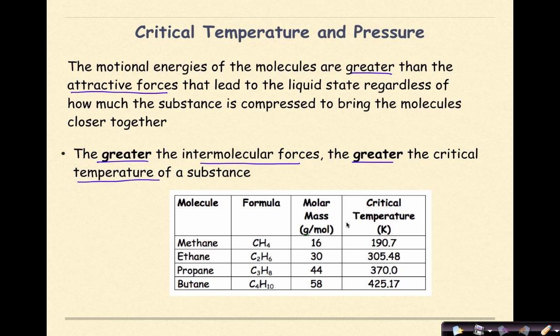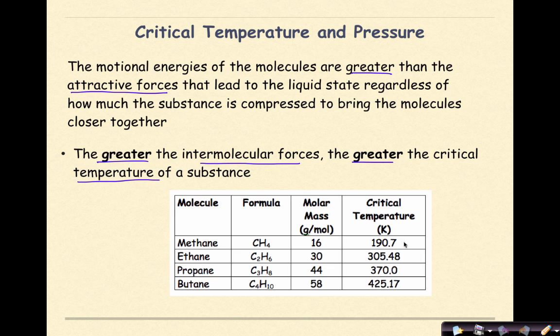And we can see that by looking at this chart down here. We have methane, ethane, propane, and butane. These are all alkanes. They are increasing by one carbon. As they increase by one carbon, we see that their molar masses will also increase. And we know that in substances that are relatively the same and have the same molecular polarity, as molar mass increases, the strength of your intermolecular forces will also increase.